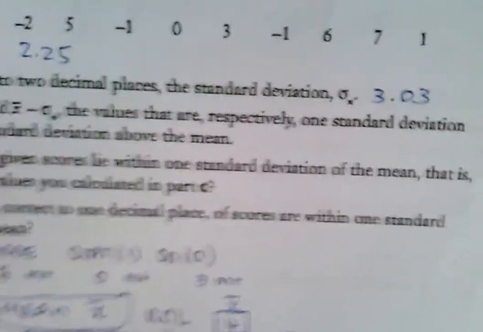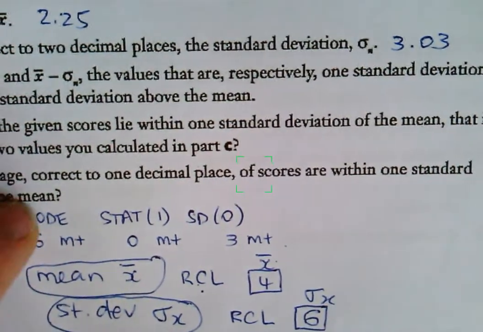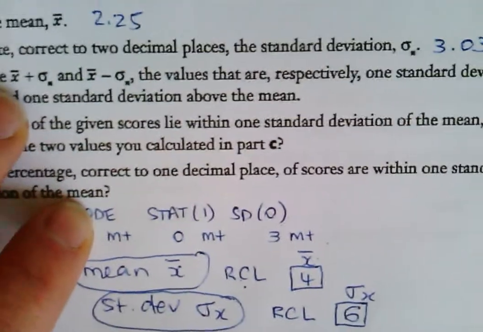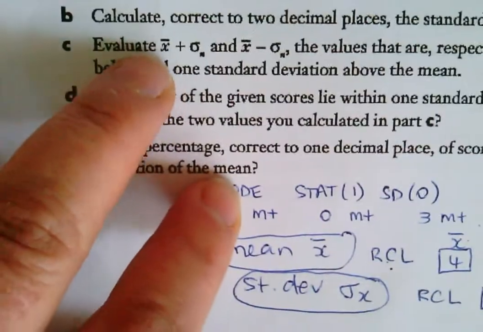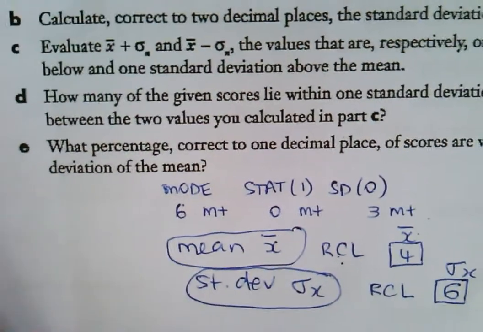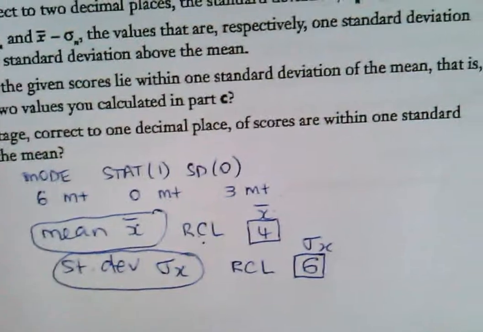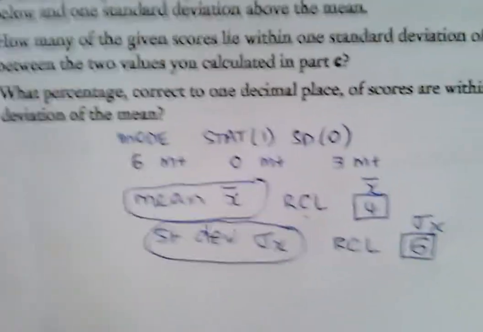Now, what we're doing in the next bit is really more for year 12, but it just says evaluate the mean x bar plus standard deviation and x bar minus standard deviation. Evaluate those values, and they are 1 and 2 standard deviations below the mean.